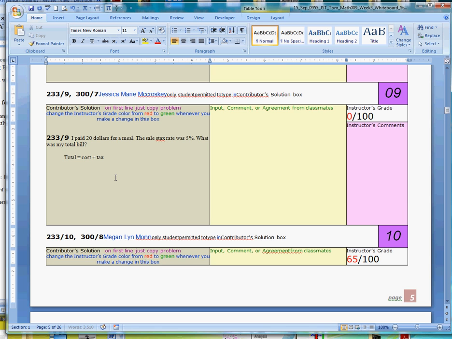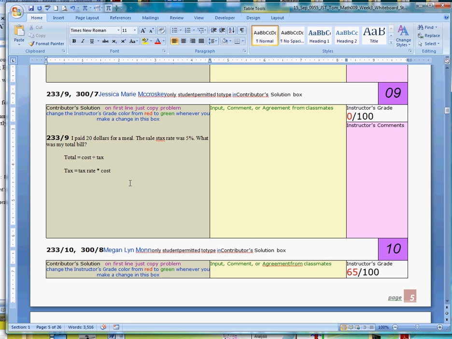And the next line that I need is that the tax equals tax rate times cost. So now I'm ready to put in some numbers.